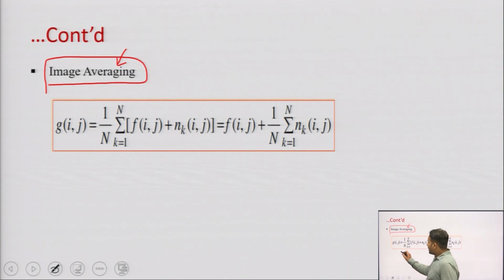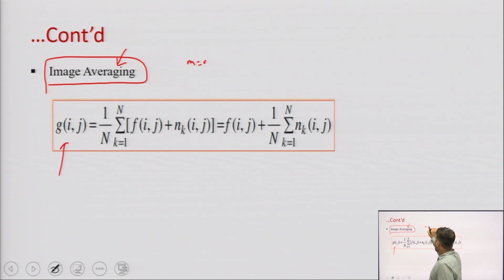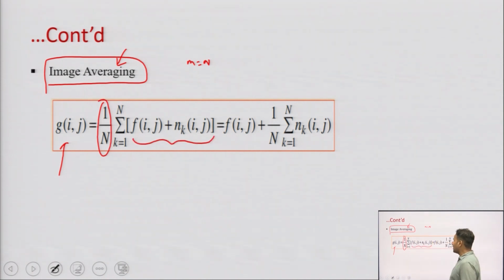So if we have an enhanced image, g(i,j), then with m equal to n, 1 upon n times the summation of the pixel plus the noise function, n_k(i,j), with the summation taken from 1 to n, will look like this.